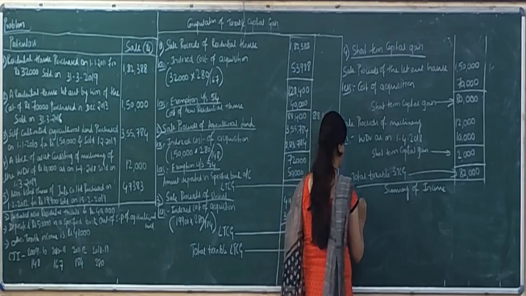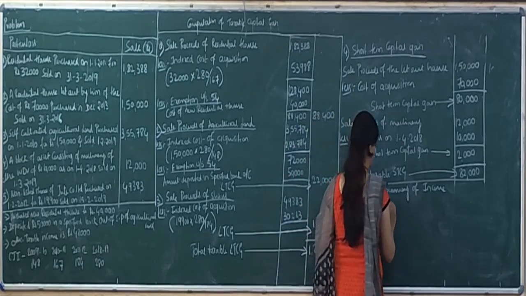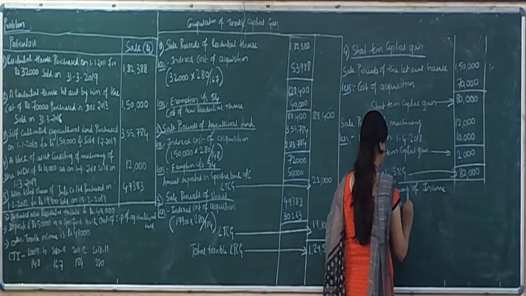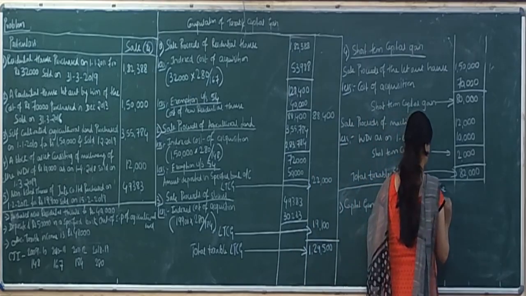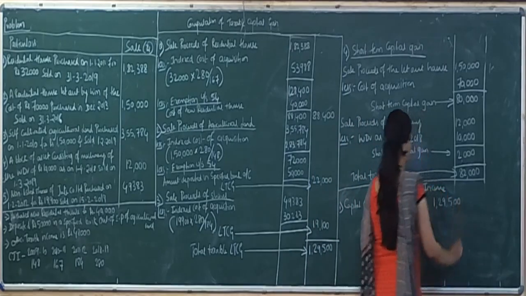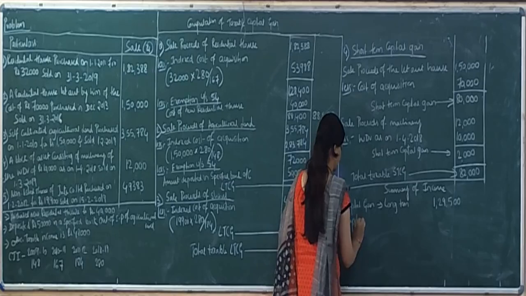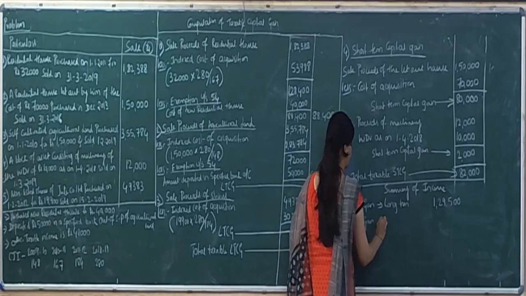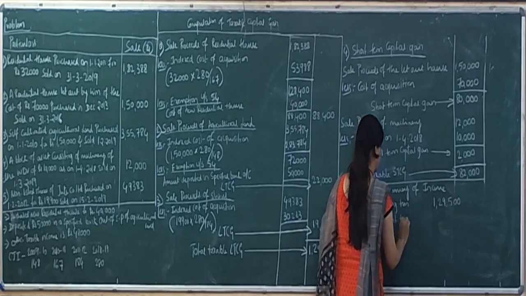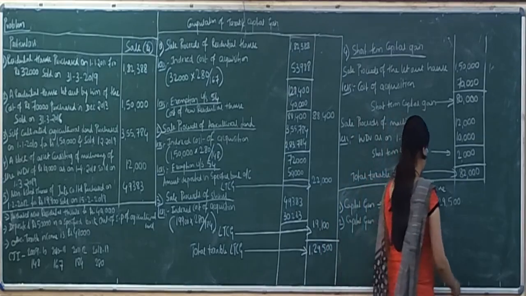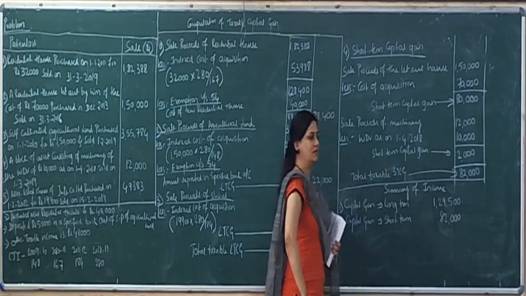So summary of income, first we will write capital gain, that is long term. So the long term capital gain is 1,29,000. Next, capital gain, which is short term, that is 80.